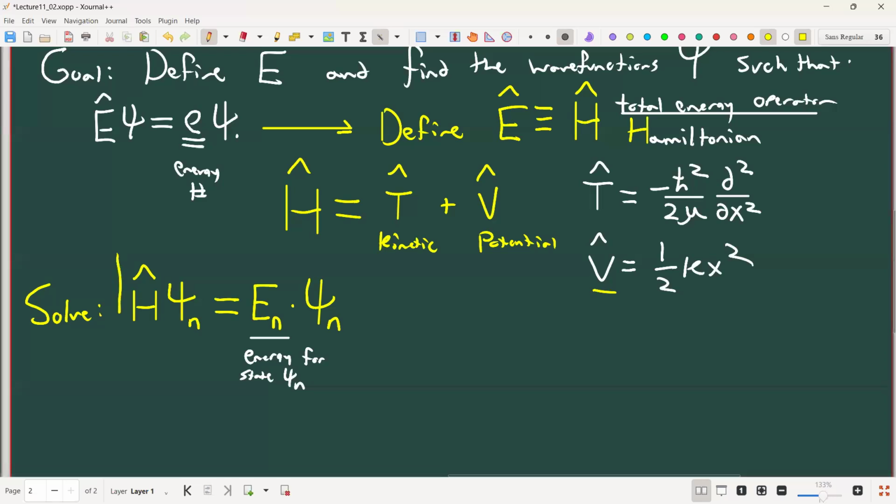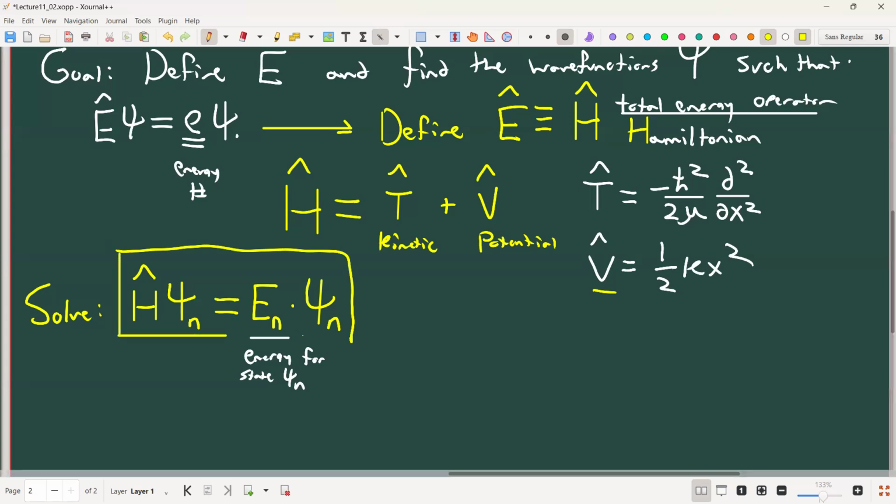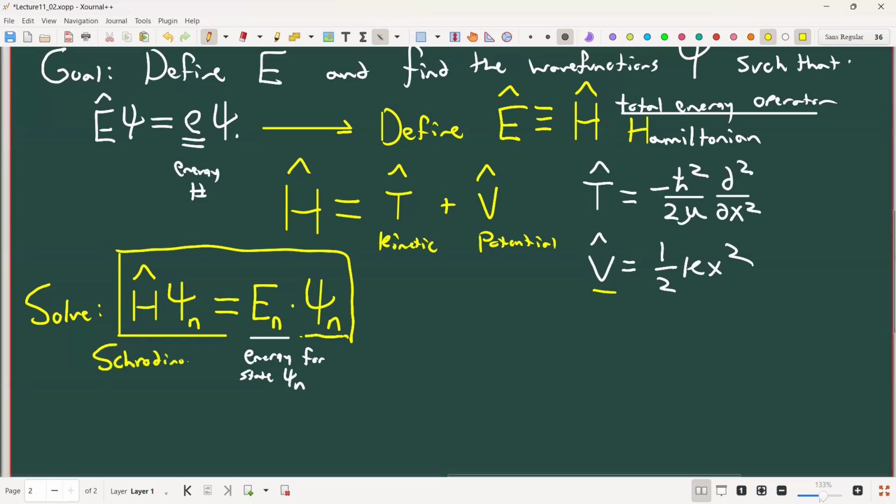I'm just going to write a name for this equation that I've never used in class. And there's not really a good reason why I haven't used it before, but it may be something that you've heard before. I'm going to try not to call it this that much, but I think it puts us in the wrong place. But this is what's called the Schrodinger equation.